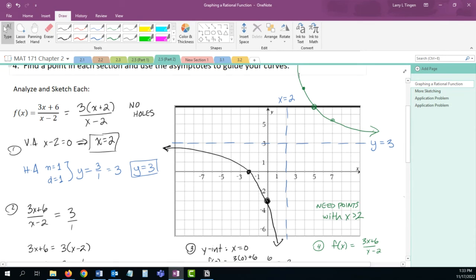And look at where I go. As x gets larger and larger, it doesn't matter how big x gets, this is always positive. Do I ever go negative down here, to the right of 2? Absolutely not, because I'm held by that horizontal asymptote.